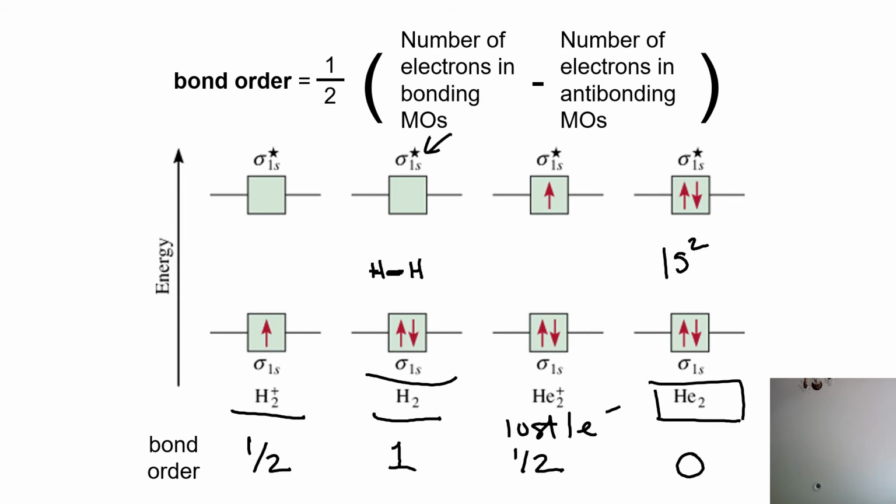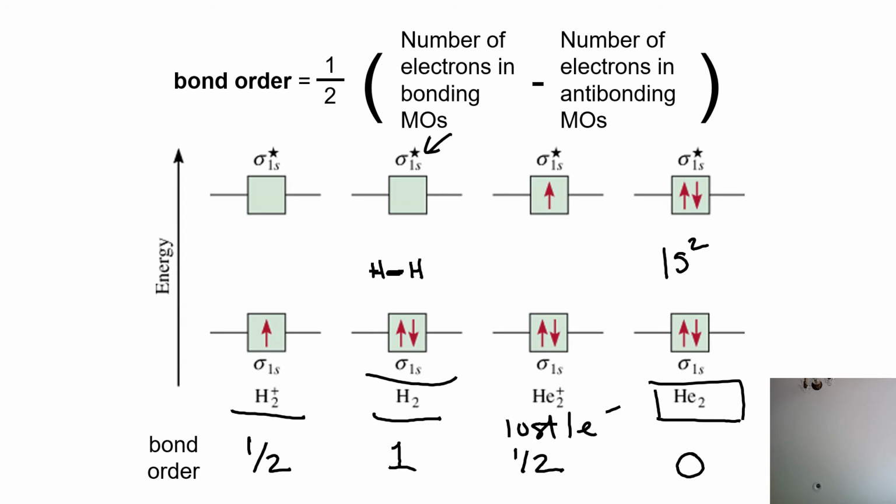This is a similar concept to valence bond theory with respect to the number of net bonds, but bond order in molecular orbital theory can be either 0 or negative. If it is 0 or negative, there is no stability and that bond will not exist.